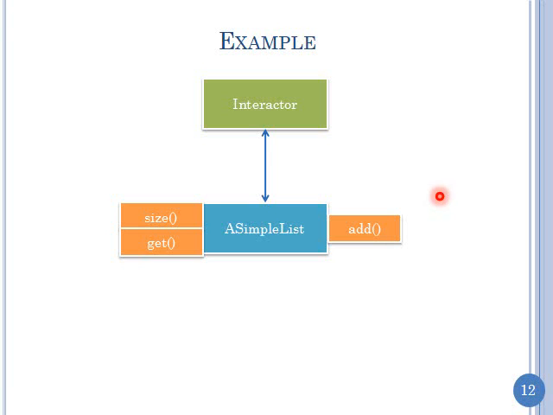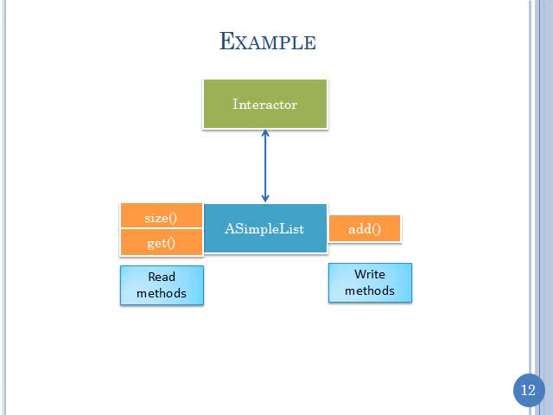What property distinguishes these methods from this method? So one of them mutates the object, the other one doesn't. Okay. So they are write methods and read methods.